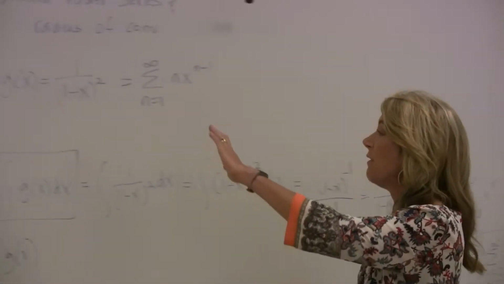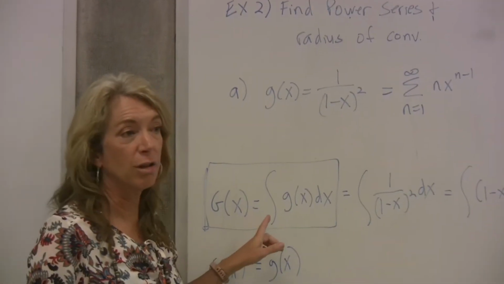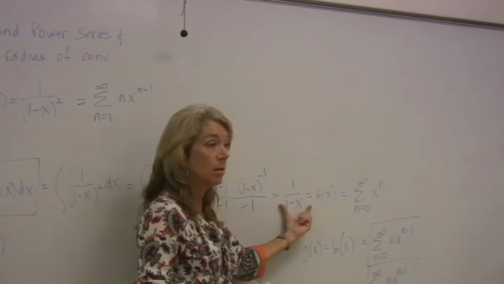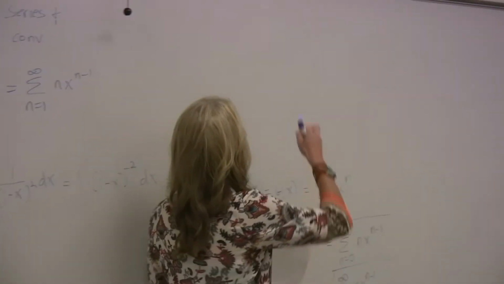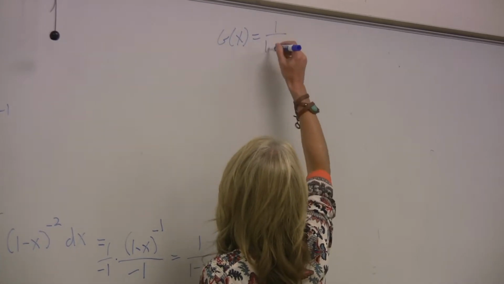Questions there? Yeah, Joseph. What's the difference between the capital G of x and the lowercase g of x? So the lowercase g of x was the original function. Capital G is the integral of that. So if I line them up, capital G of x turned out to be 1 over 1 minus x.